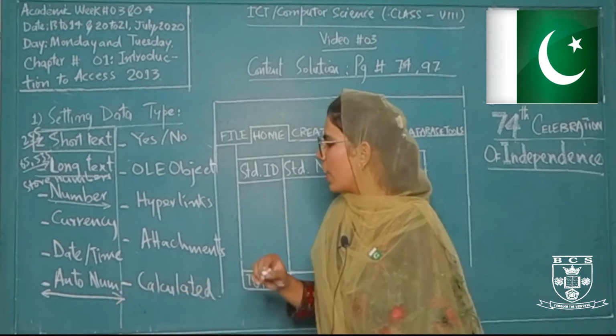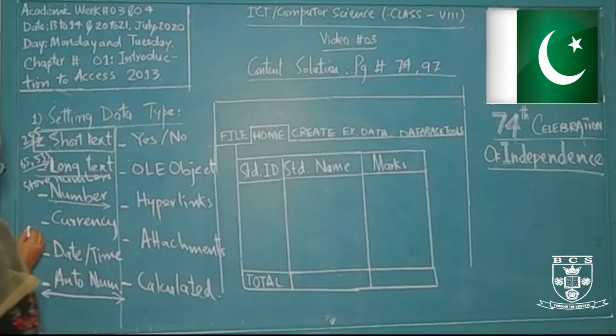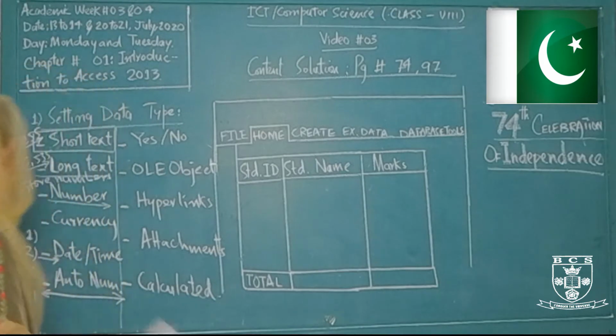For example, if I have added the number 1, and when I add my second record, it will automatically increase itself to 2, then 3, then 4, and so on. As its name implies, this category is known as the auto number category.